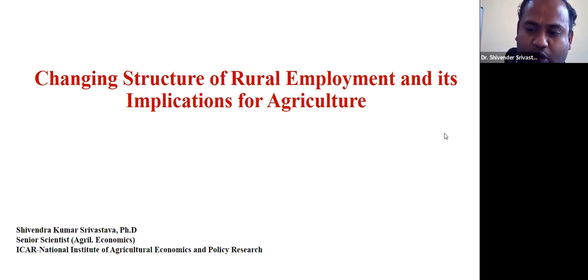Economic development says that as development happens, the share of agriculture in national GDP or in employment should decline, and the share of non-agriculture should increase; these are some of the desirable indicators for economic development. But of course, when there is a decline in the labor force in agriculture, it will have some definite implications.